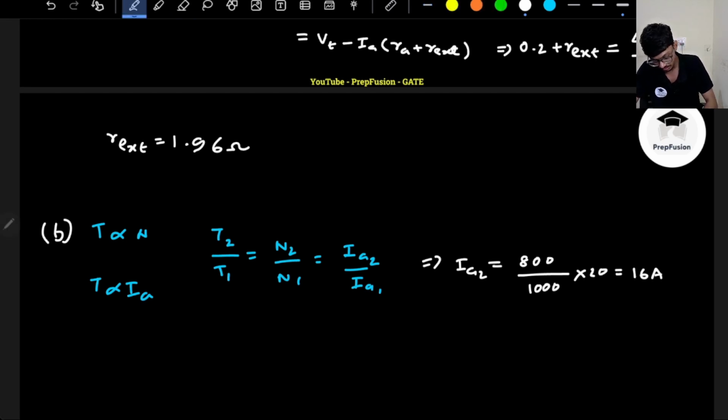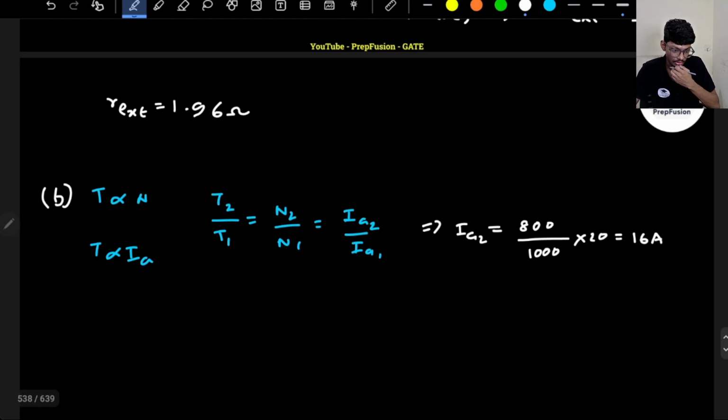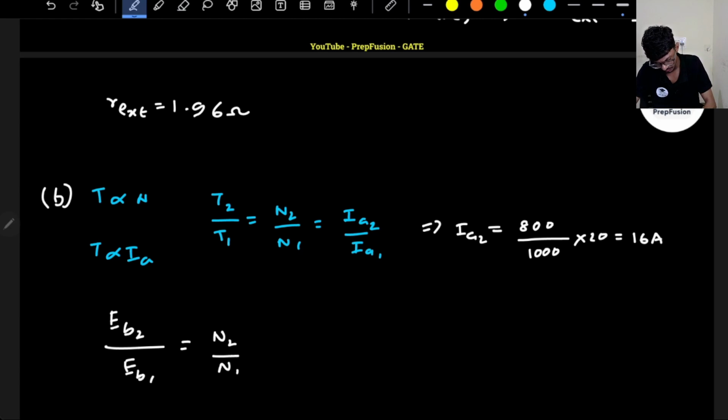So in this case, what will be the external resistance? Speed has been reduced, because speed is proportional to flux into current. In this case also, this equation will be valid: EB2 by EB1 will be equal to N2 by N1, because flux is constant.